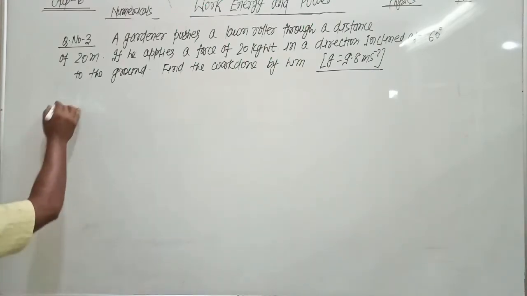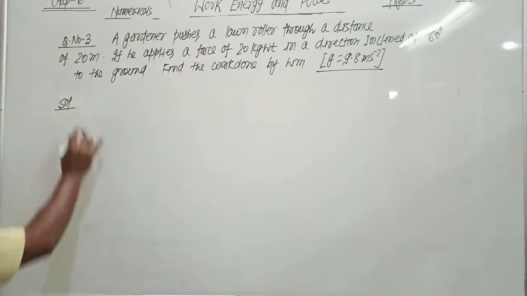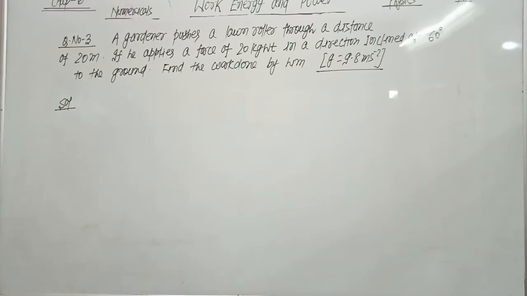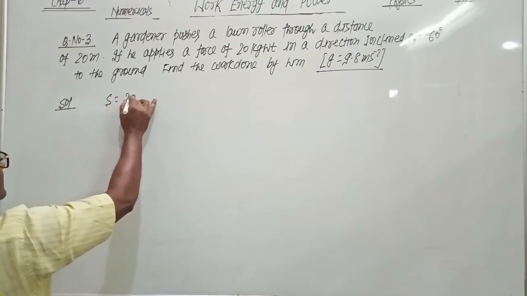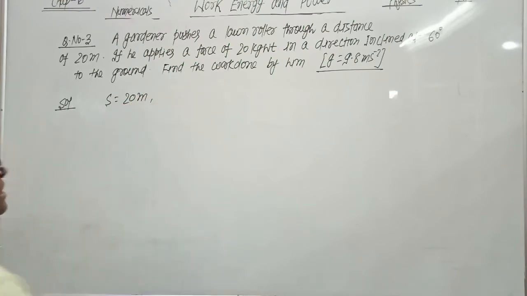So the question is, a gardener pushes a lawn roller through a distance of 20 meters. The distance we have given is S equals 20 meter, and he applies a force of 20 kg weight.